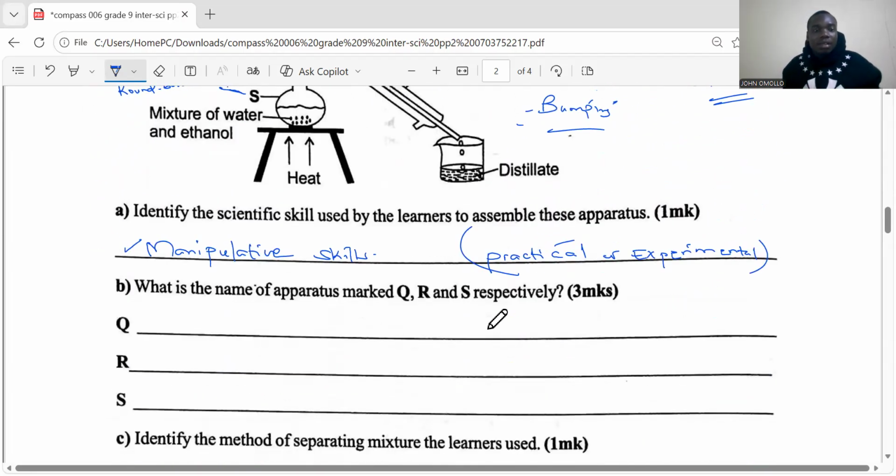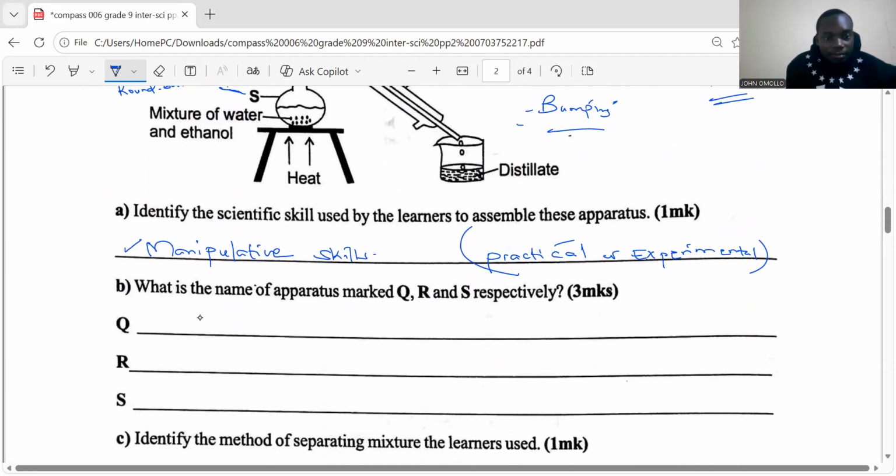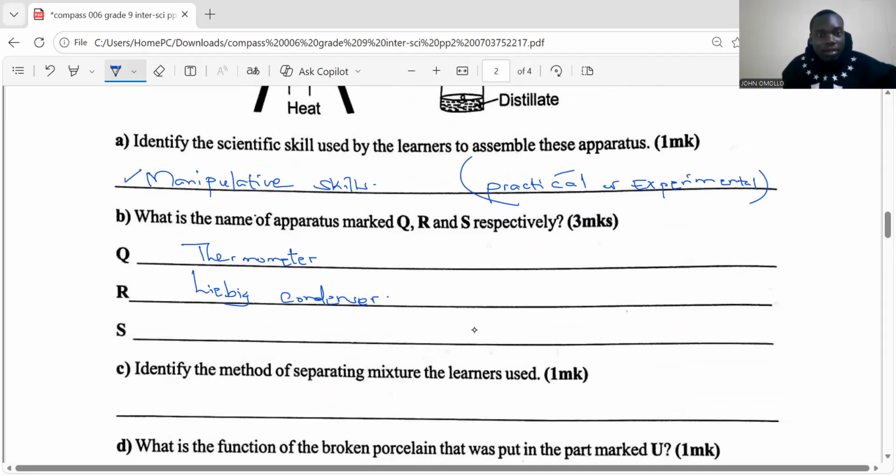So let's dive to B. What is the name of the apparatus marked Q, R, and S respectively? So Q, since we had named them, Q is thermometer. R, what is R? R is a Liebig condenser. Good. What is S?